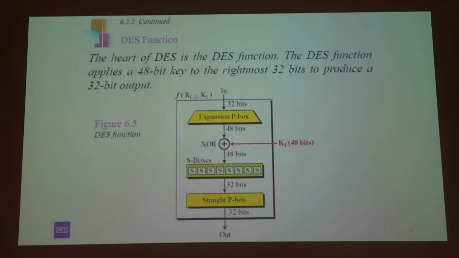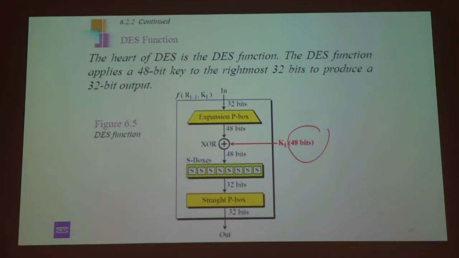The heart of the DES is the DES function. The DES function applies a 48-bit key to the rightmost 32 bits, so the function has two inputs: the right part of the data and the 48-bit key.